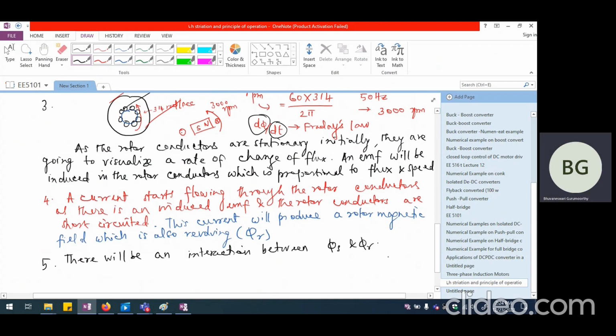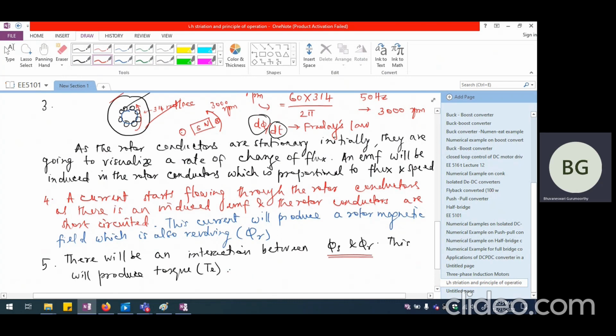So that is going to cause a production of torque. So this will produce electromagnetic torque T. And the electromagnetic torque is the effect of the interaction between phi s and phi r.